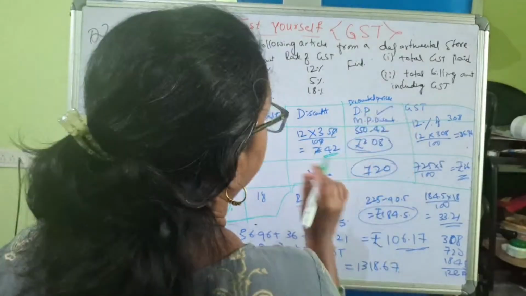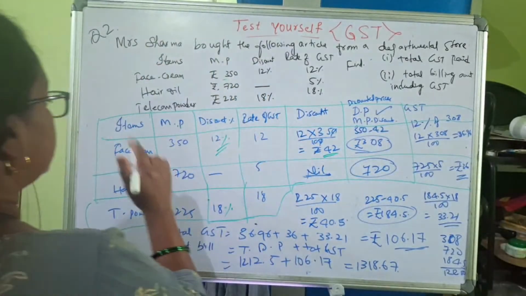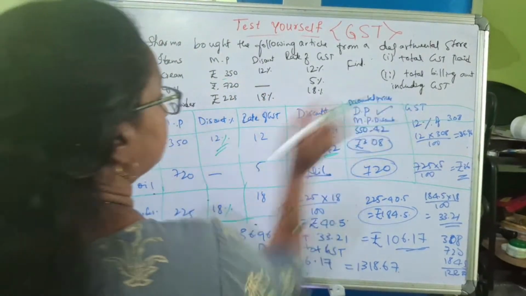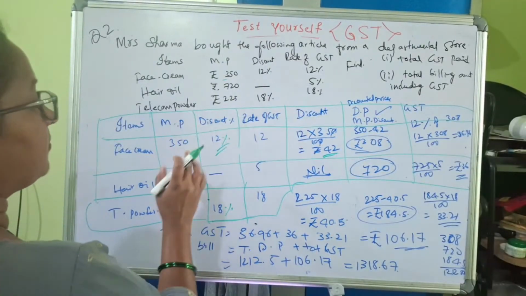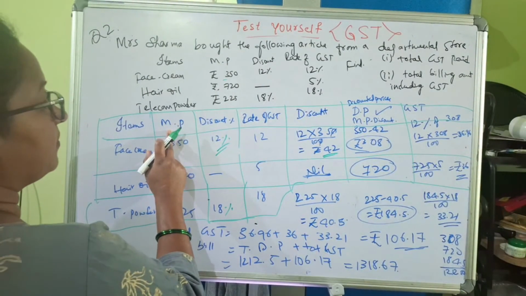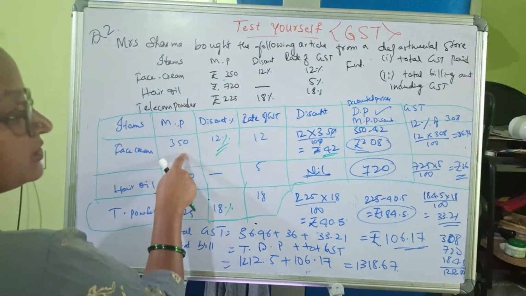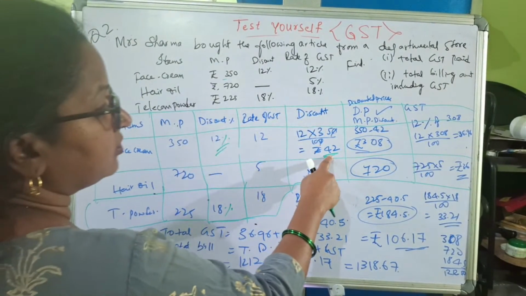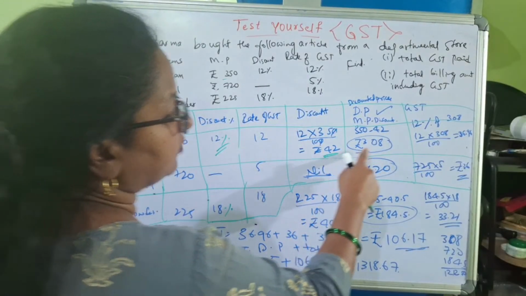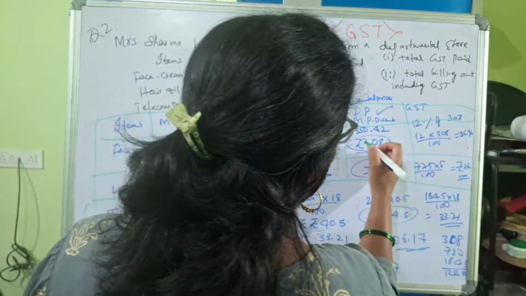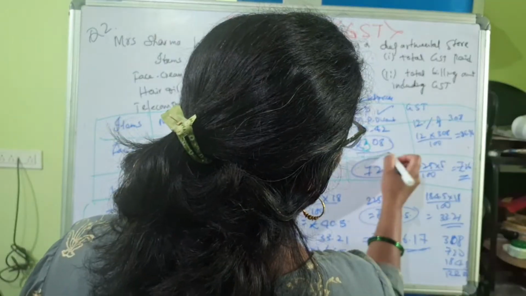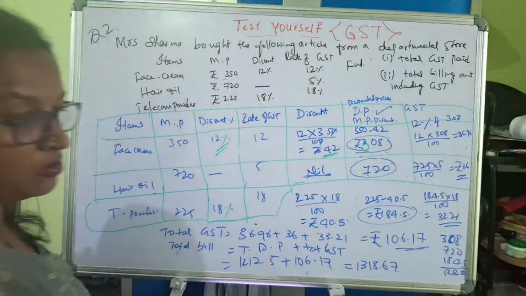And to get the discounted price, we have to subtract market price minus discount. Here the market price is 350 and the discounted value is rupees 42. So the discounted price is rupees 308.